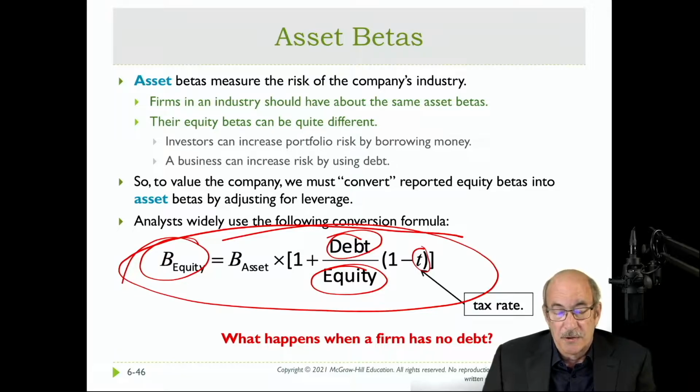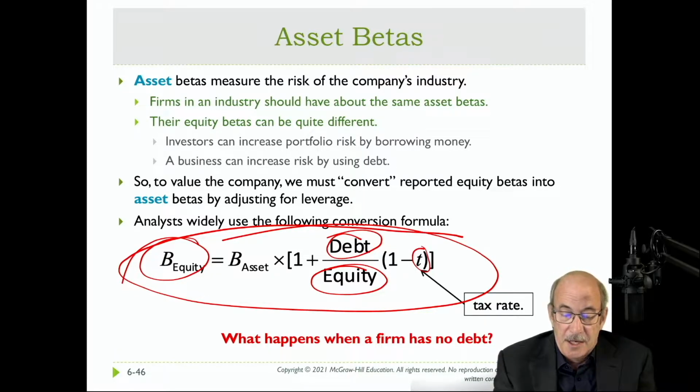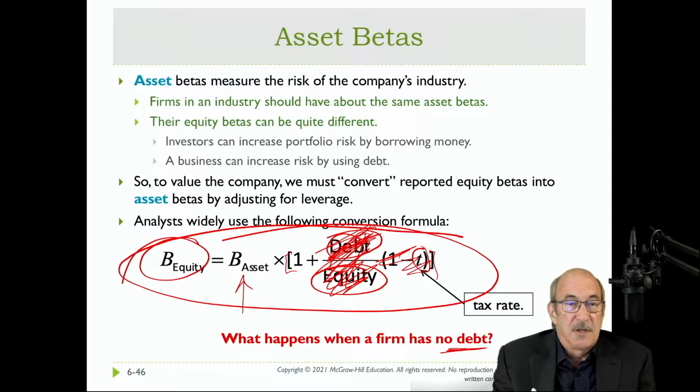You'll notice here, using this version of the formula, that the asset beta times the value in the brackets, if debt is 0, that cancels the whole thing out, and this just becomes 1.